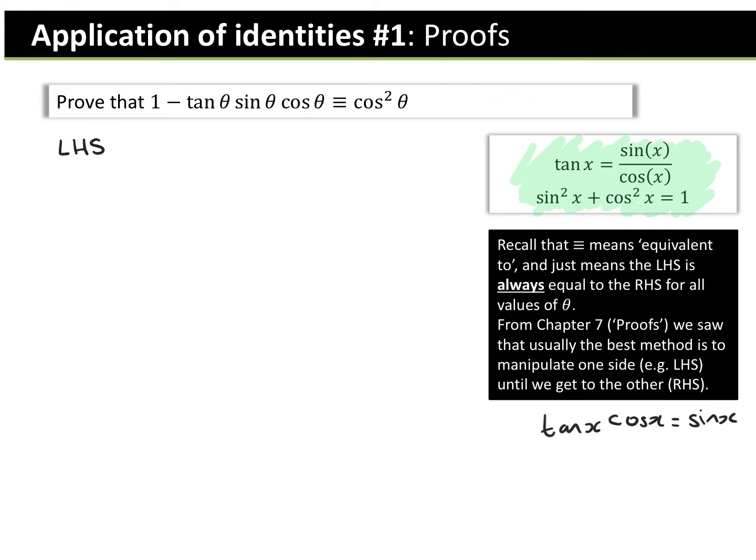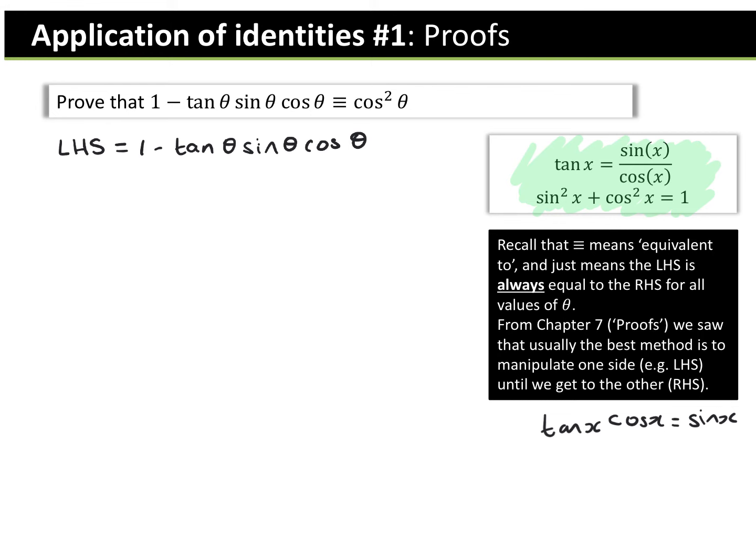So, left-hand side equals 1 minus tan theta sine theta cos theta. Now, you can manipulate, do whatever you want. We could probably do this question in a few different ways. Some of us are going to get to the right-hand side quicker than others. Now, it is ingrained in my brain that if I see a tan, I immediately think silly cow.